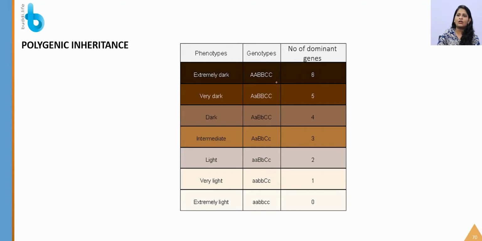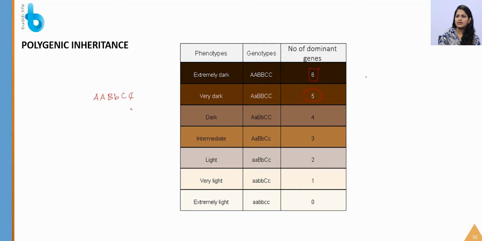If all genes present are dominant, the person will be extremely dark. The number of dominant genes here is 6, and secondly there can be 5 dominant genes. It is not that only this combination exists, it can even be capital AA, capital B, small b and capital C, or sometimes a recessive instead. With 5 dominant genes, they will be very dark.